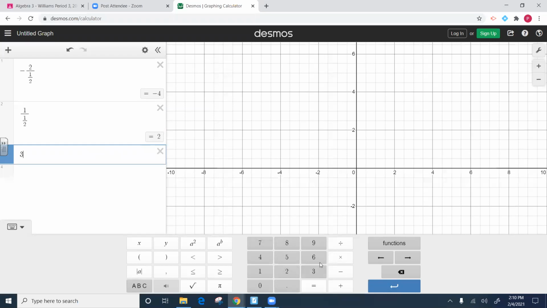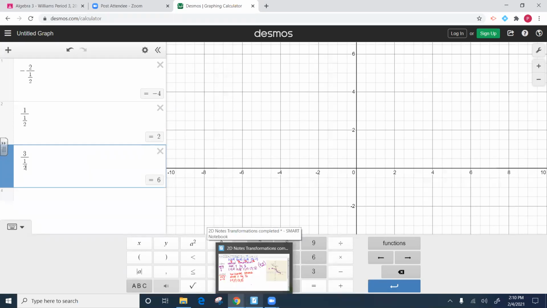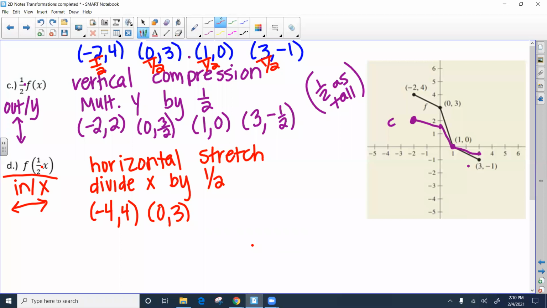And the last one is 3 divided by a half is 6. Okay, so let's go back to those points. So use a calculator if you're not sure to get the correct point. 1 divided by a half was 2. So that third point was 2, 0. And then the last point, 3 divided by a half was 6. So this point is 6, -1.